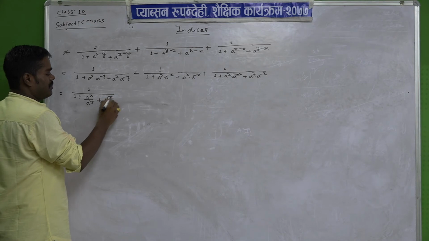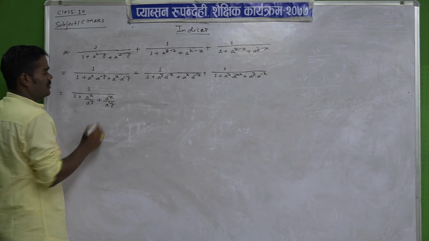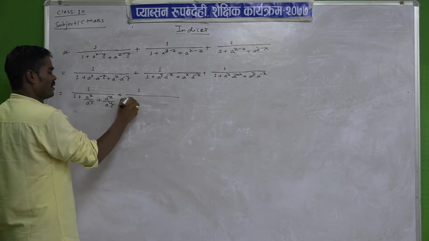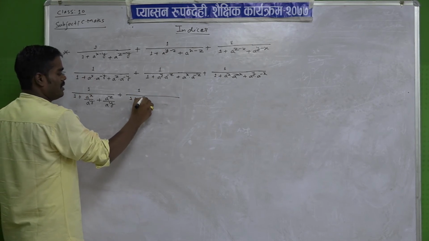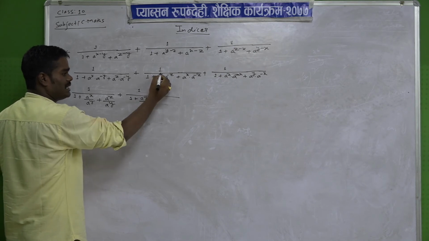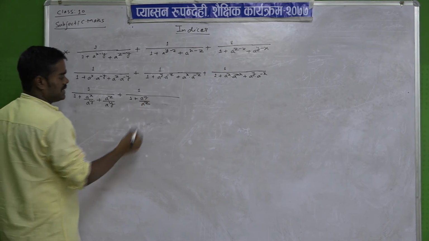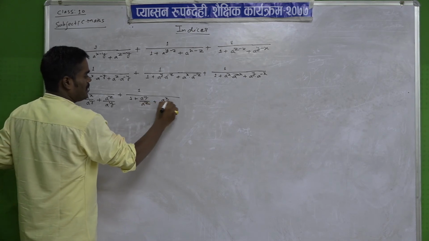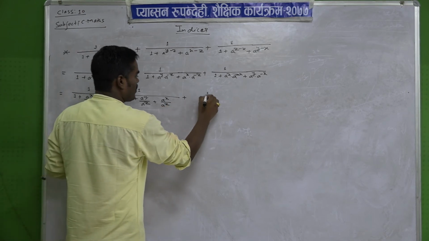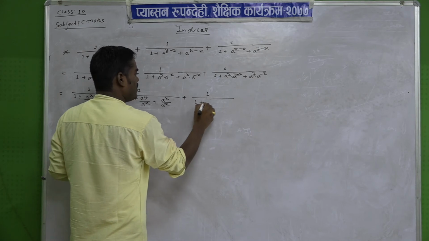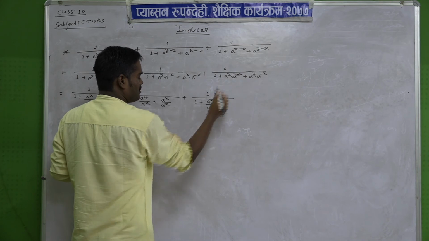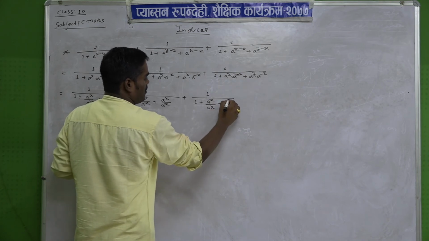Similarly, a power z upon a power y, plus likewise 1 plus a power y upon a power minus z, so it became a power plus z, plus a power x a power z, plus 1 plus a power z a power x, being minus became plus, a power y a power x.